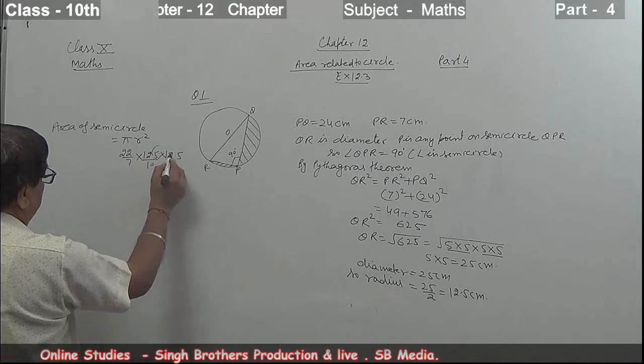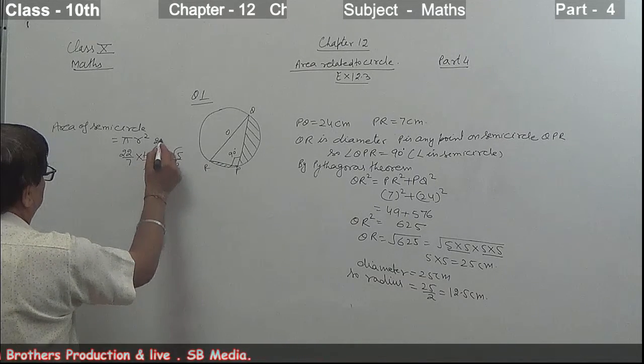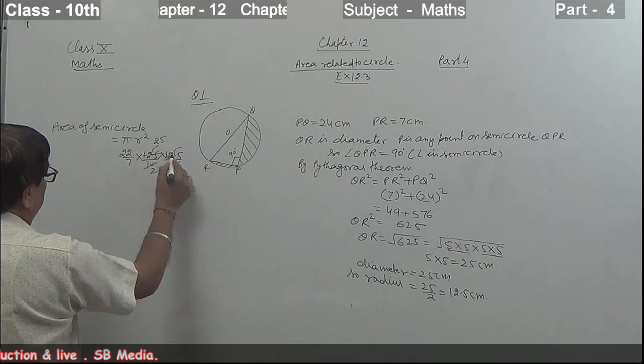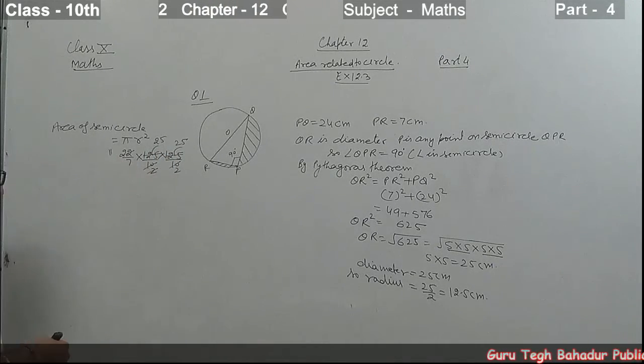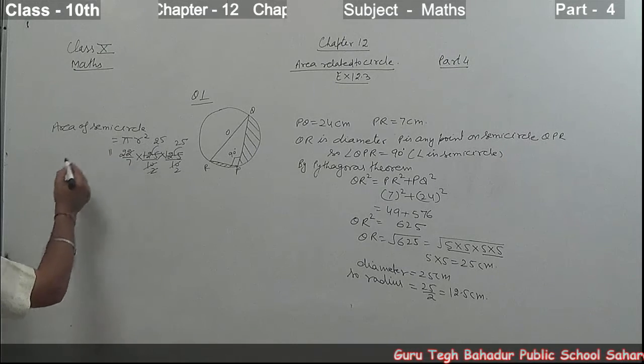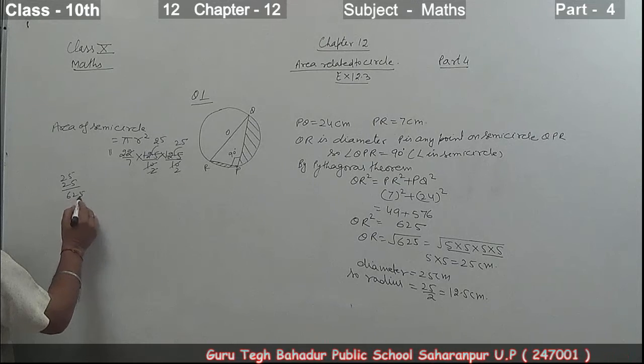Remove the decimal, put the 10. 5 2 ja, 5 25 ja, 2 11 ja. 25 into 25, that is 625.